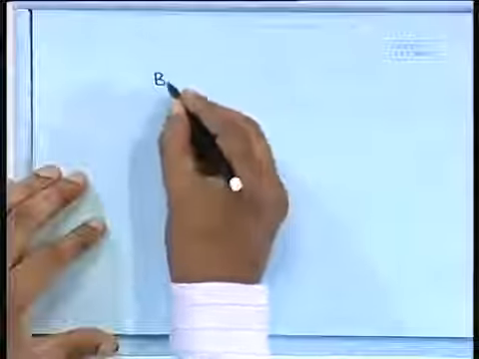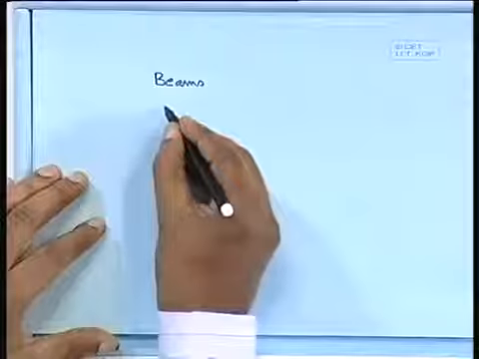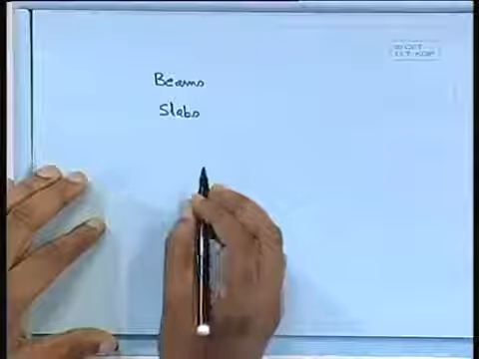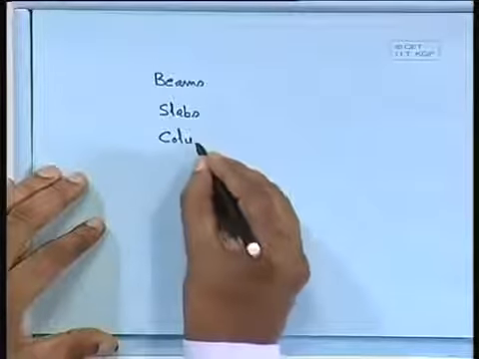So let us start again the design of reinforced concrete structures. So far we have done beams, design of beams, then we have done slabs. Now we shall come to the columns, the compression members.